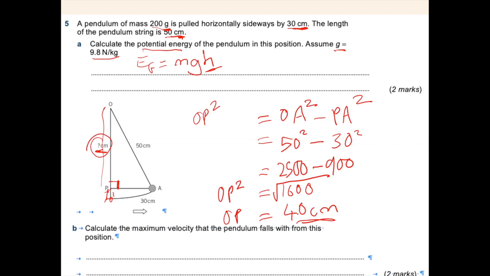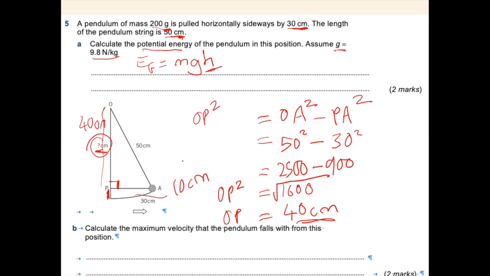Okay. So next bit is to understand that if this distance is 40 centimeters, then the pendulum down there is 50 centimeters, then when we've swung out here, basically this distance here is going to be 10 centimeters, folks.